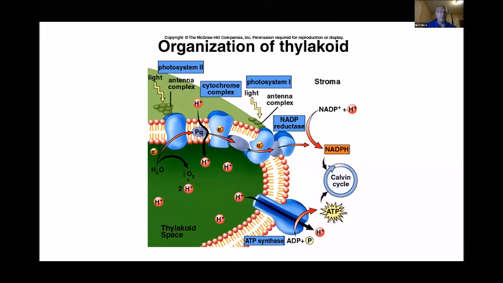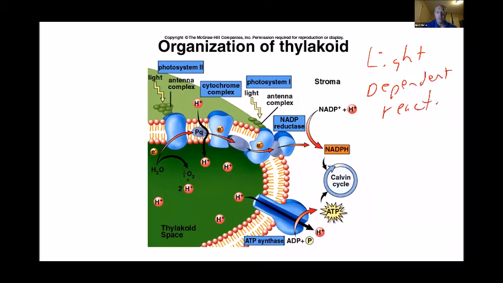The first part of photosynthesis is sometimes called the light-dependent reactions. And essentially what happens in those steps, the plants absorb light. That absorbed light energy causes electrons to move. It is used to generate a proton gradient inside the thylakoid.